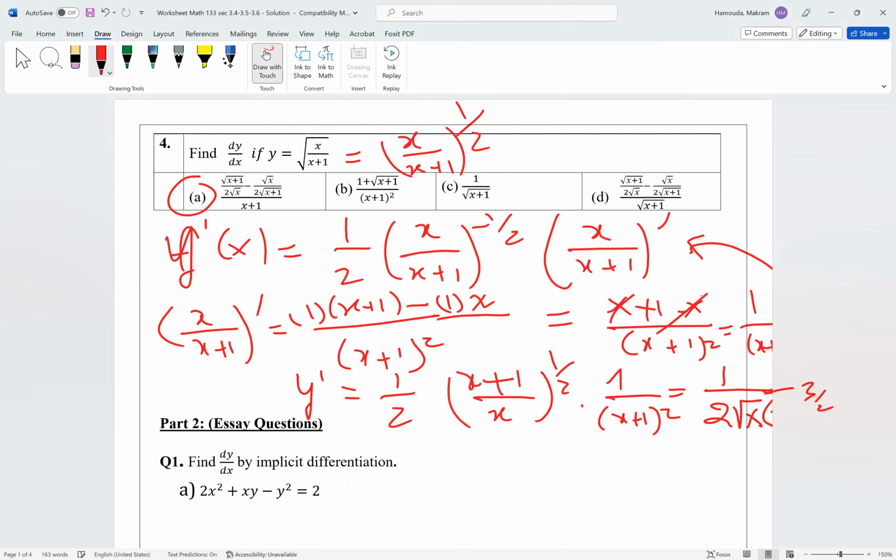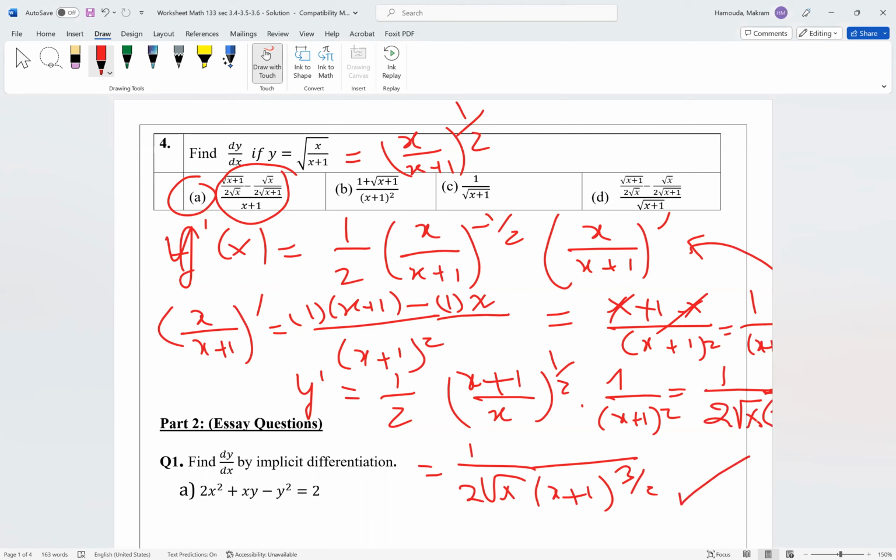Maybe it's not very clear here, I'll write it here. So it's 1 over 2 root x, times x plus 1 power 3 over 2, which is exactly this expression when you work a little bit on choice A. You'll find the same result as here.